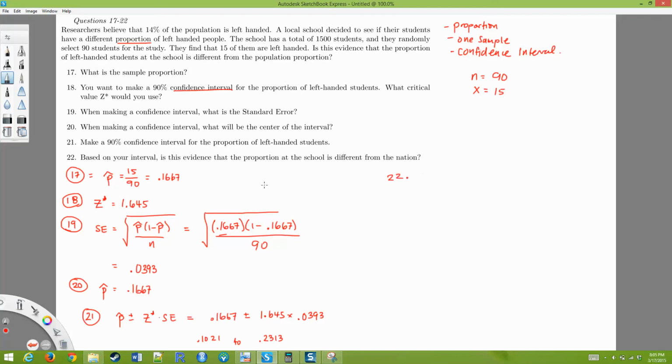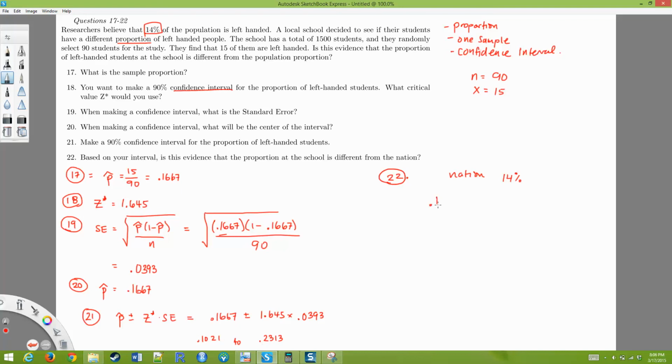So 22 asks, based on this interval, is this evidence that the proportion at the school is different from the nation? What is the national proportion? 14%. Okay, so nation is 14%. And the question is, is 14% within our interval? Yes.